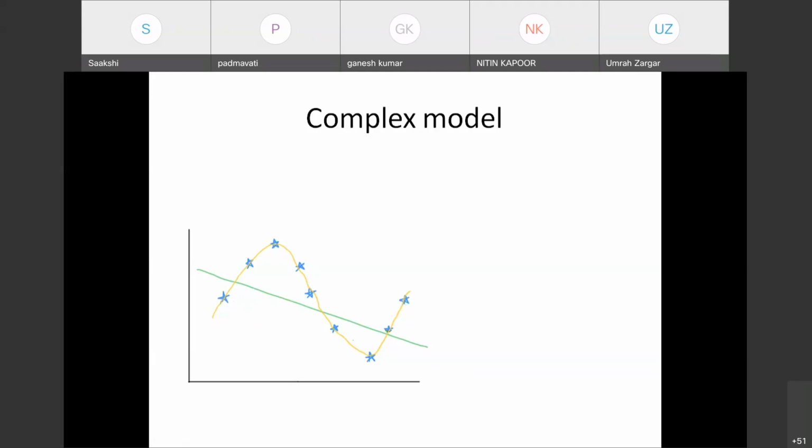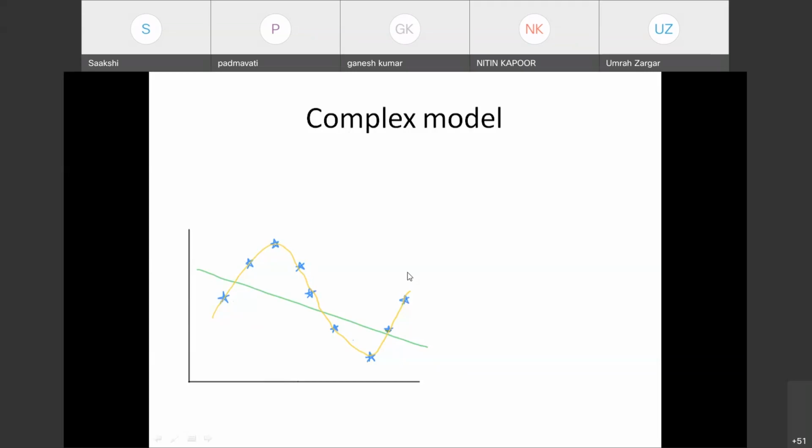Why is the result so strong for the training data points? Because it has learned the relationship between x and y through n number of parameters. So all the data points have been fitted correctly by my complex model.